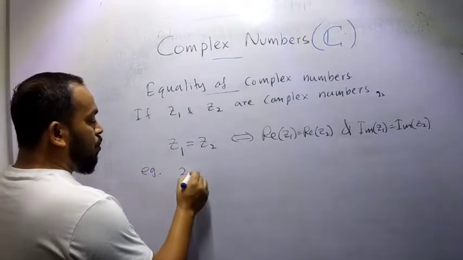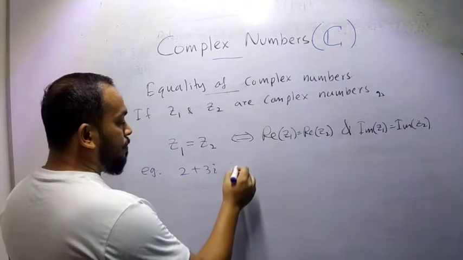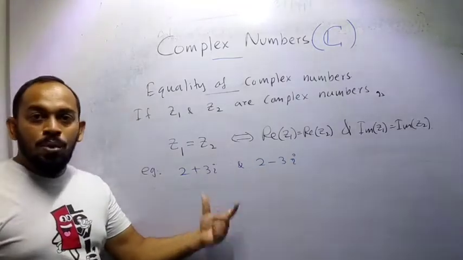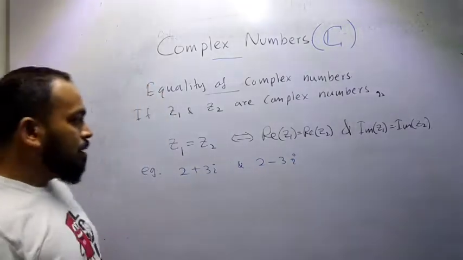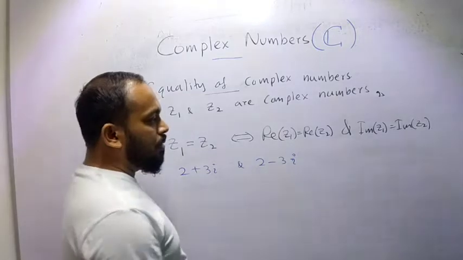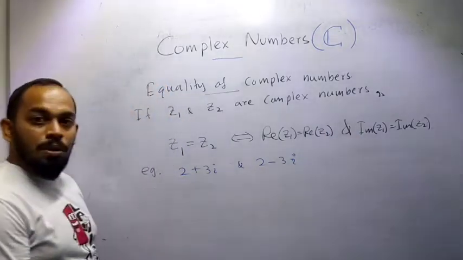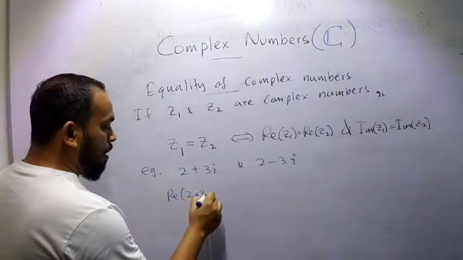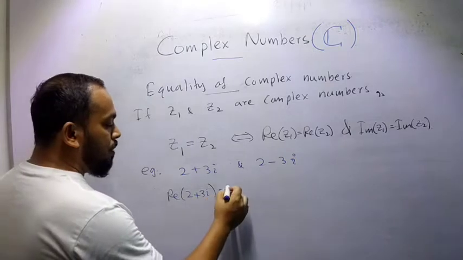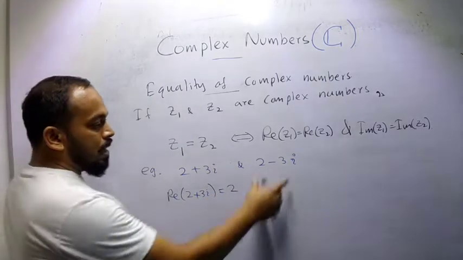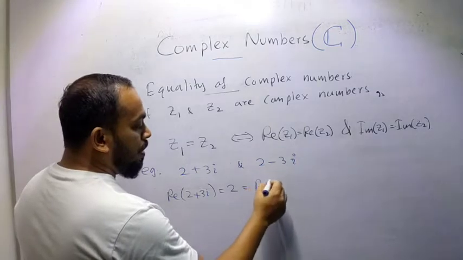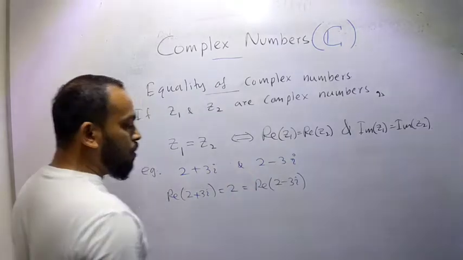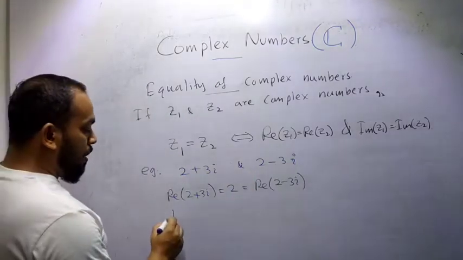Suppose 2 plus 3i and 2 minus 3i. Let's check whether these two complex numbers are equal. If two complex numbers are equal, their real parts and imaginary parts are equal to each other. The real part of 2 plus 3i is 2, which is equal to the real part of 2 minus 3i, because the real part of 2 minus 3i is also 2. What about the imaginary part?